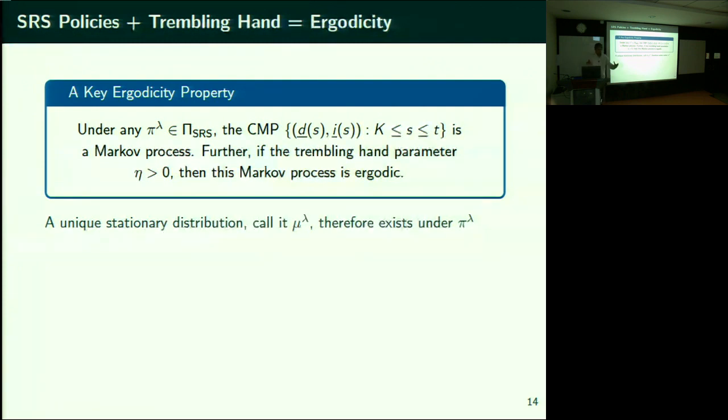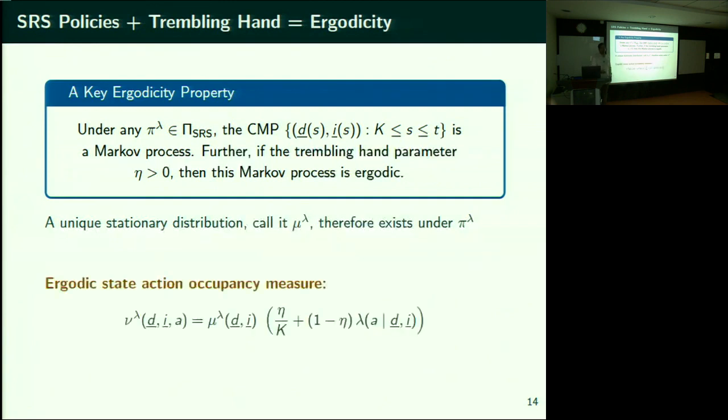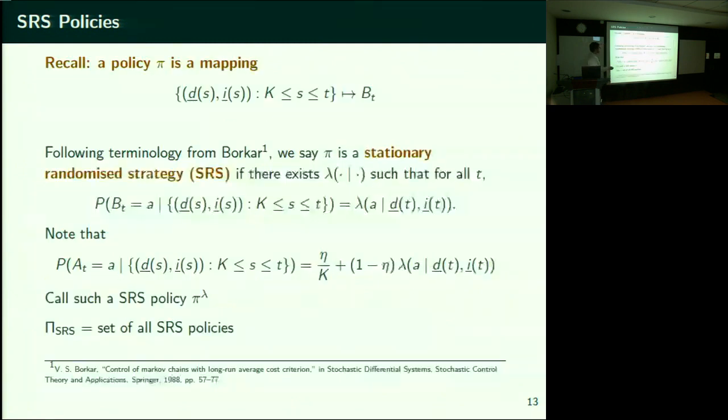The system is in a certain state, you apply an action, and I want to compute the joint probability of the system being in some state and you applying some action. That is the ergodic state-action occupancy. An SRS policy forgets the history: the action is selected only based on D_T, I_T, the current state of the system.